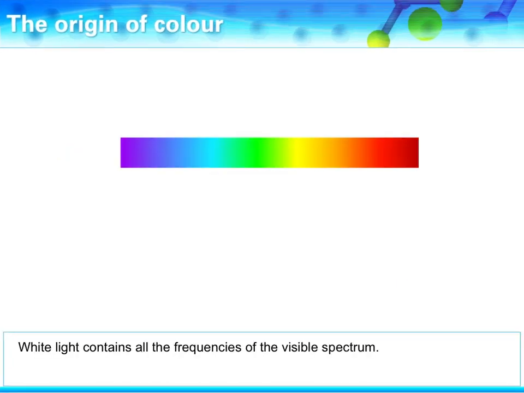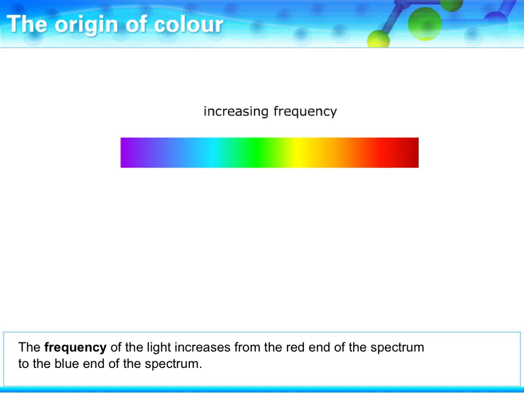If we look at white light, we know it's a continuous spectrum with all the frequencies of the visible spectrum. Remember that the frequency of the light increases from the red end of the spectrum to the blue end, and this is the highest frequency radiation that we can see.